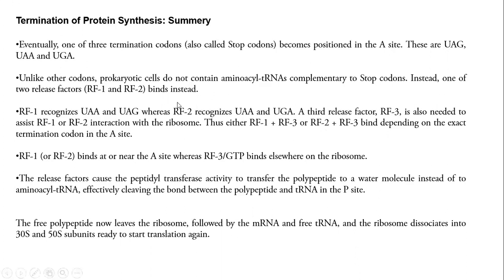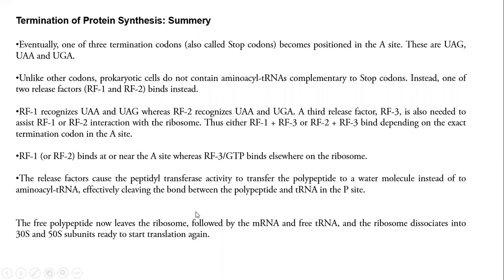If the termination codon is UAA or UGA, then RF2 will be encountered, and if it is UAA or UAG, then the release factor must be RF1. RF1 or RF2 bind near the A site, whereas RF3 with GTP can bind elsewhere on the ribosome.